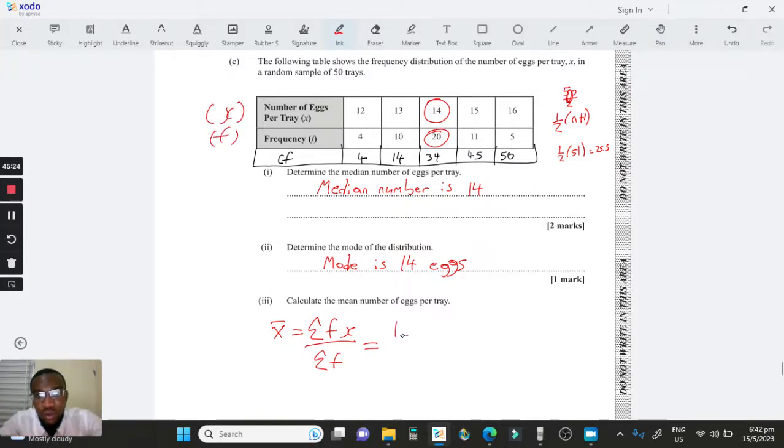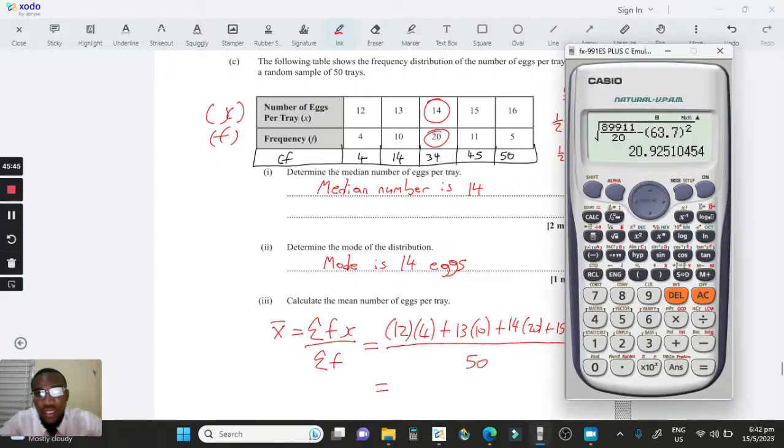So now we work out 12 times 4 plus 13 times 10 plus 14 times 20 plus 15 times 11 plus 16 times 5, all divided by the sum of f, which we know is 50.